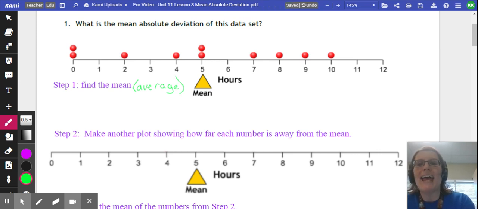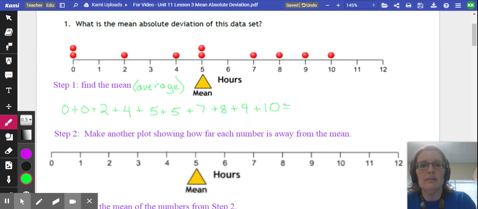So you would first add all those numbers together: 0 plus 0 plus 2 plus 4 plus 5 plus 5, because there's two dots there, so there's two 5s, plus 7 plus 8 plus 9 plus 10. And you are allowed to use a calculator for that part. When I added them all together, I got that the sum was 50.